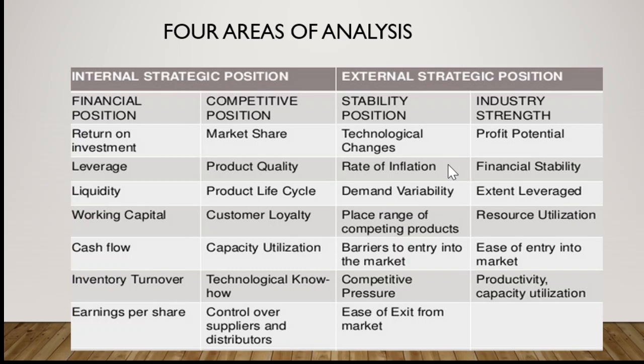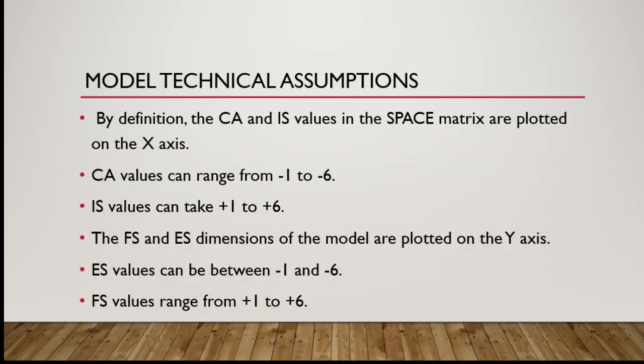While for the environmental stability naman, we can measure it based on technological changes, rate of inflation, demand variability, price range of competing products, barriers to entry into the market, competitive pressure, ease of exit from the market, and for the industry strength, it can be based on profit potential, financial stability, extent of leverage, resource utilization, ease of entry into the market, productivity, and capacity utilization. So, these are the assumptions.